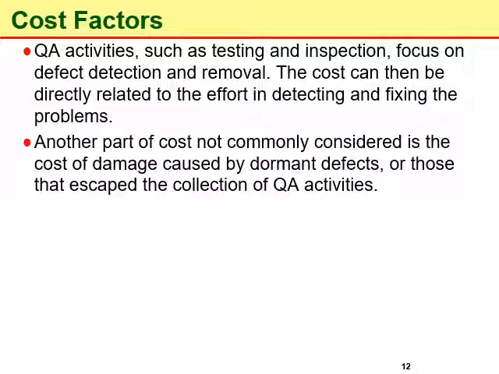However, this cost is negatively correlated with the effectiveness of different quality assurance techniques, particularly the quality levels at the exit after the application of a variety of quality assurance techniques. Therefore, we focus on the cost of defect detection and removal as well.